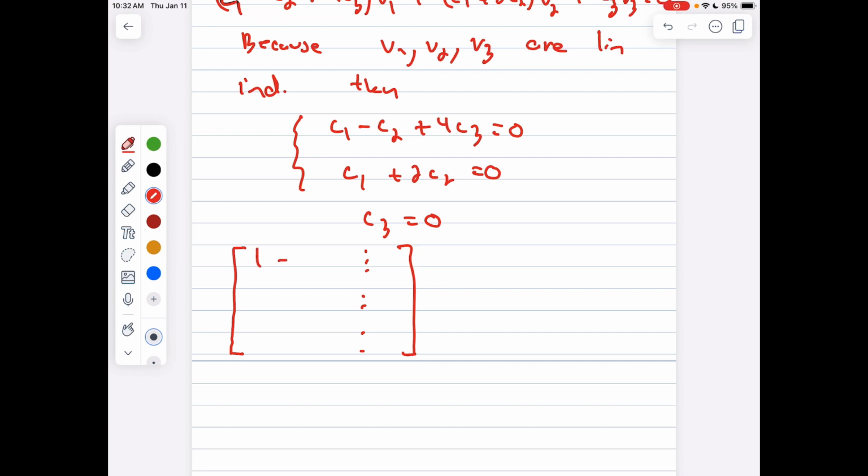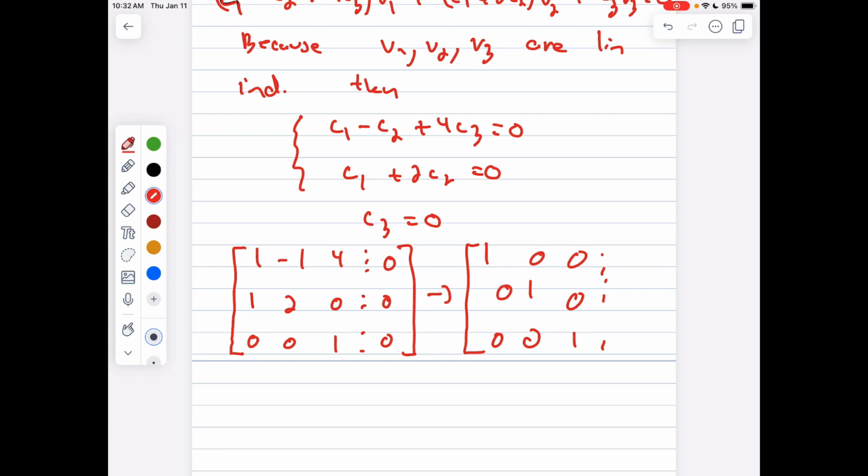Sorry, this system, put it into a matrix, and row reduce this, okay? If you went ahead and row reduced this expression, you would get 1, 1, 1, 0, 0, 0, 0, 0, 0, and a bunch of zeros.